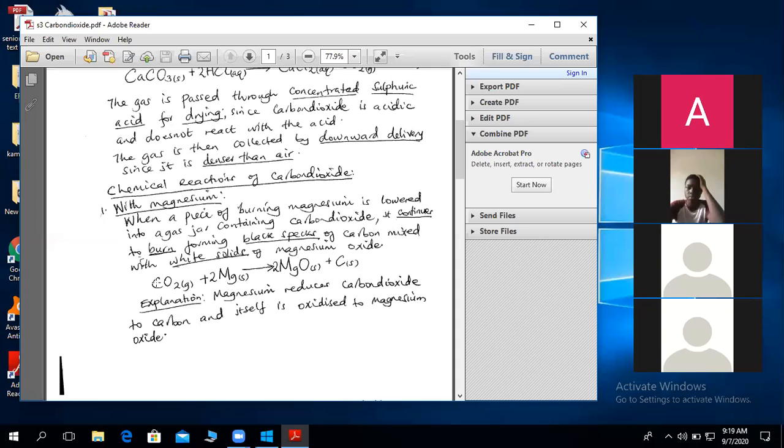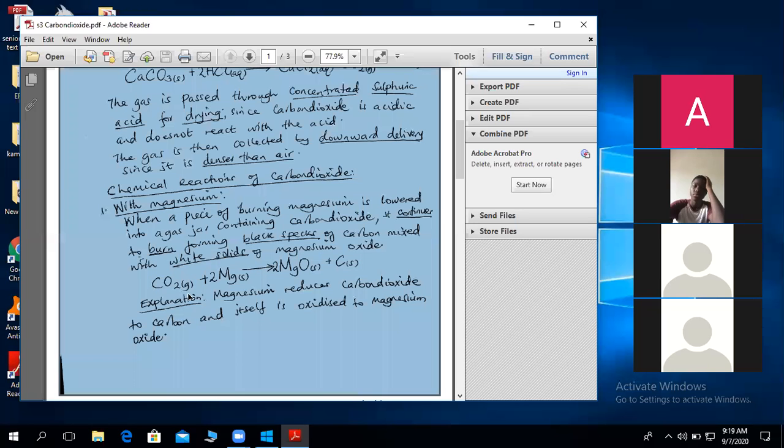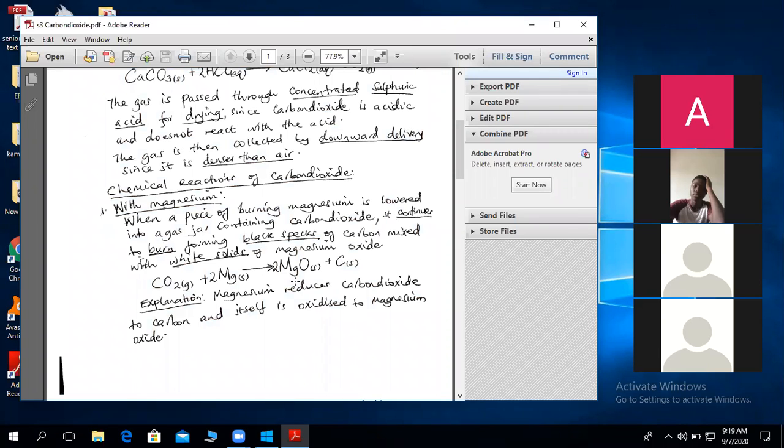How can we explain this reaction? Why does magnesium continue to burn in carbon dioxide? The answer is, when we look at the reactivity series, magnesium is higher than carbon.